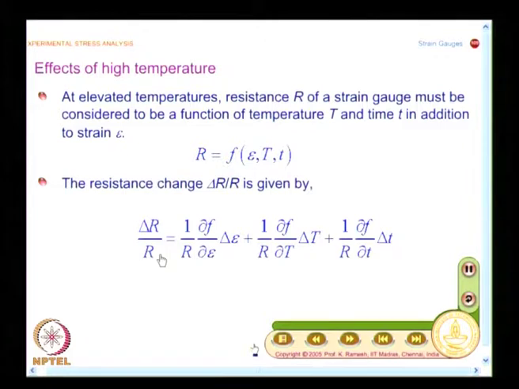So, what you have here is delta R by R as a function of strain. I have this as 1 by R del f by del epsilon into delta epsilon, plus 1 by R del f by del T into delta T, plus 1 by R del f by del t into delta t. And similar to my Sg, ST, I will also introduce another factor, S suffix t, that is what I am going to do.